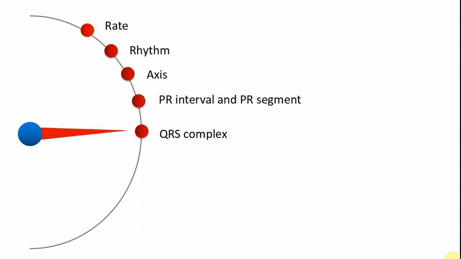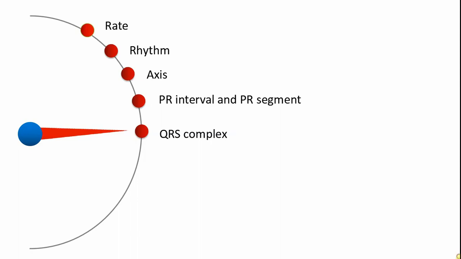Looking at the QRS complex, if it is more than 100 millisecond wide or more than 2.5 smaller squares wide, then probably the block is in the lower part of the conduction system. In our patient, the width of the QRS complex is borderline. I'll call it a narrow complex. So the QRS complex is generated from the bundle of His rather than from the right bundle branch or left bundle branch.